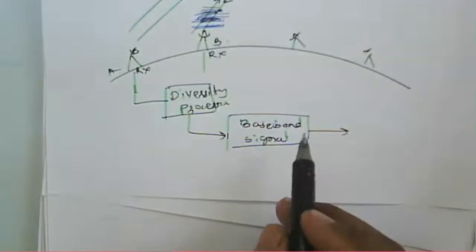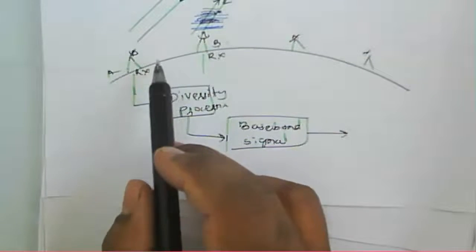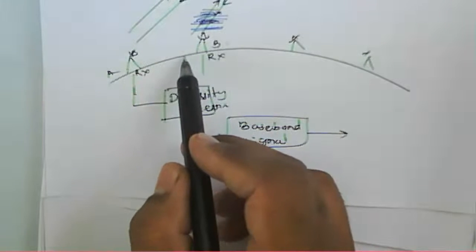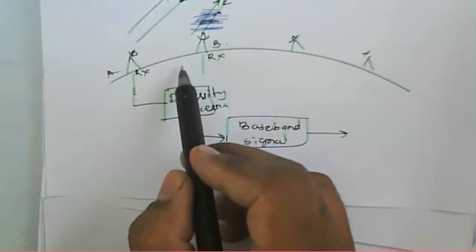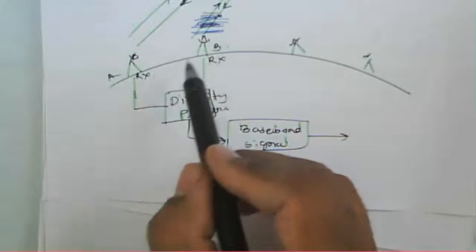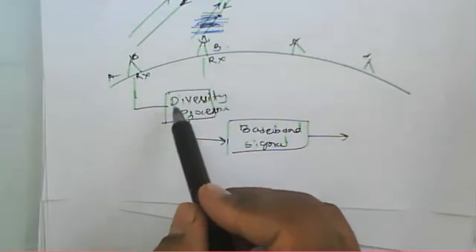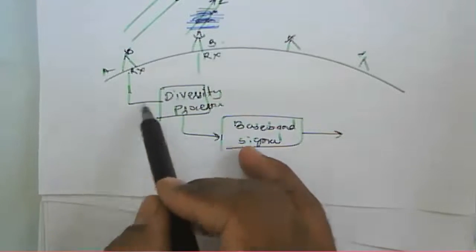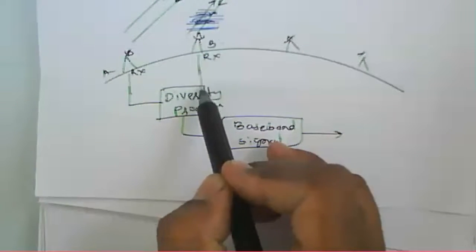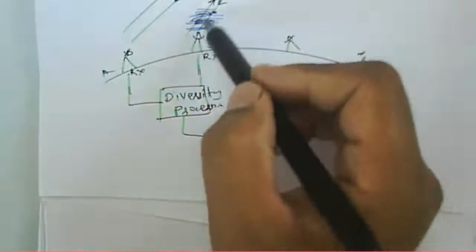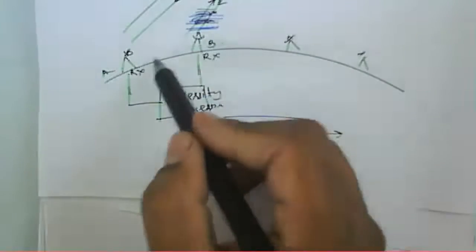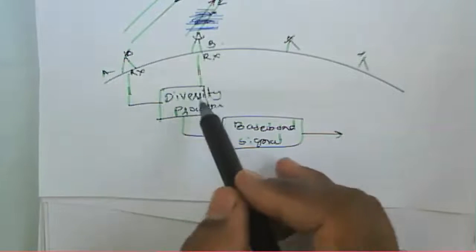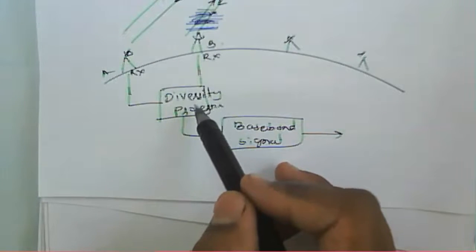Generally in a space diversity, the two different Earth stations are far away from each other, but they are connected to one center, that is, a diversity processing unit. Whichever signals are received by these two Earth stations are taken to the diversity processing center.